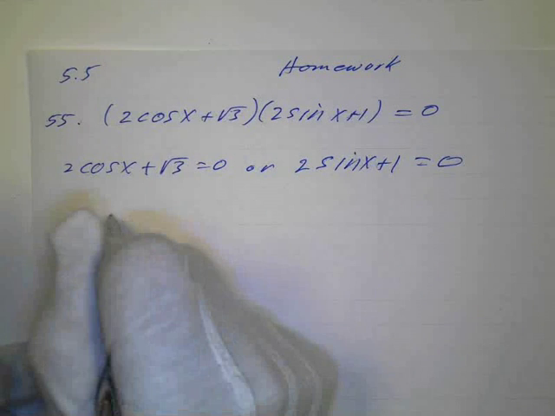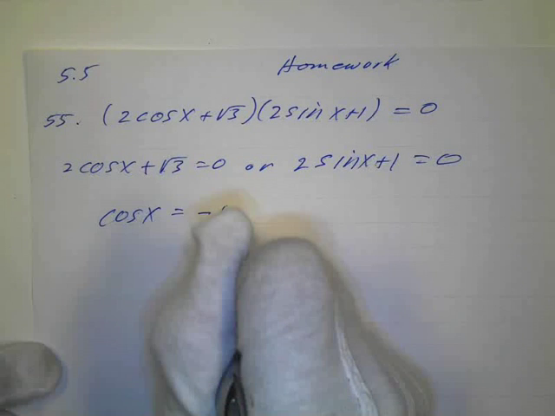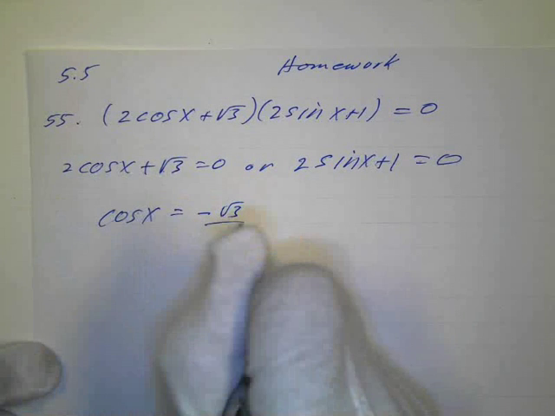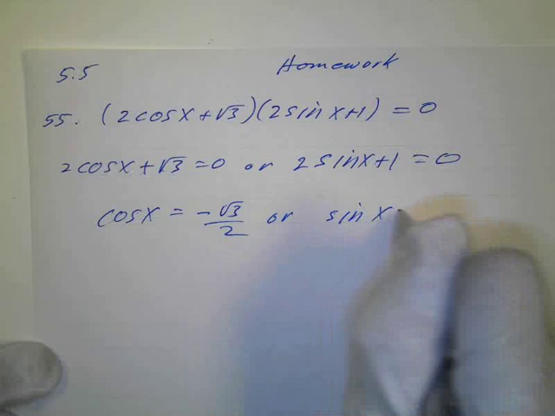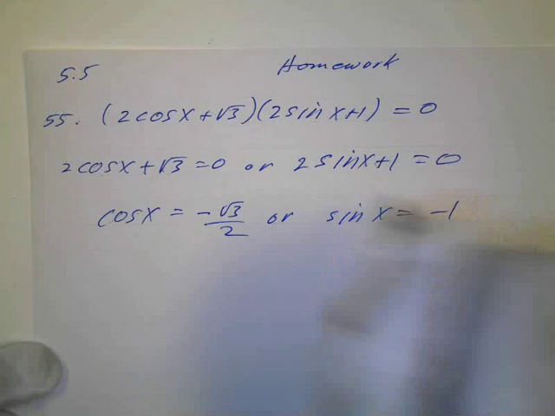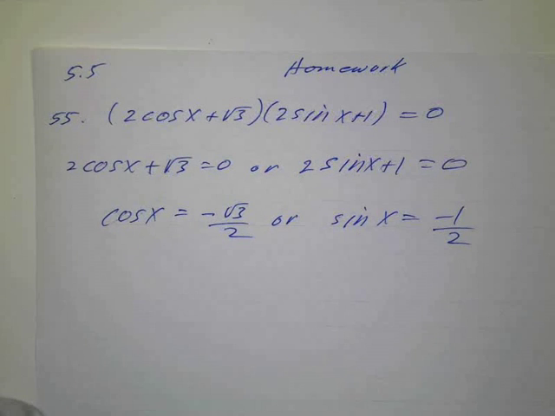So they shouldn't be too bad. Then we just solve for the cosine of x. So the cosine of x equals, if I subtract the square root of 3 from both sides and then divide by 2, that's what I've got. For the sine, subtract 1 from both sides and divide by 2. And then that should be easy to figure out.